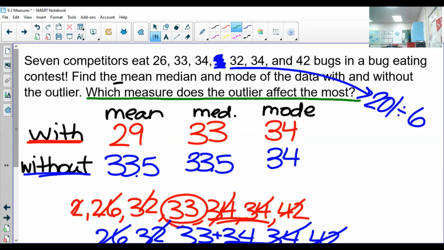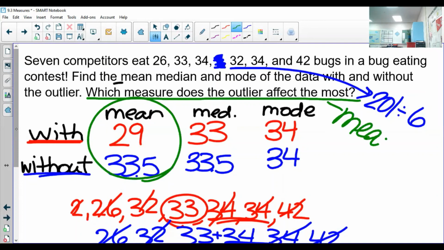For a median, we're just jumping up half of a number, only up half. In mode, it's the exact same number. So which measure does the outlier affect the most with this set of data? Yeah, it's going to be the mean. We would say that it's going to affect the mean the most because that was the biggest change between those 2 numbers. And that's how you're going to do that.